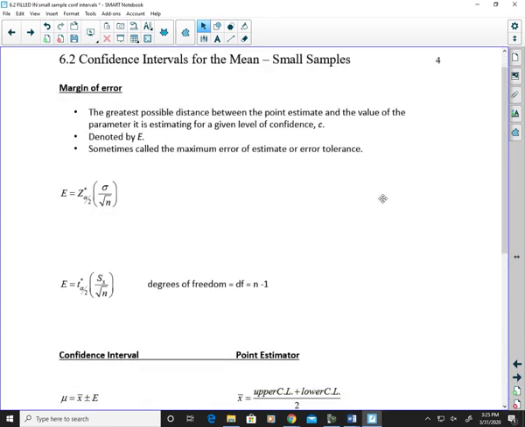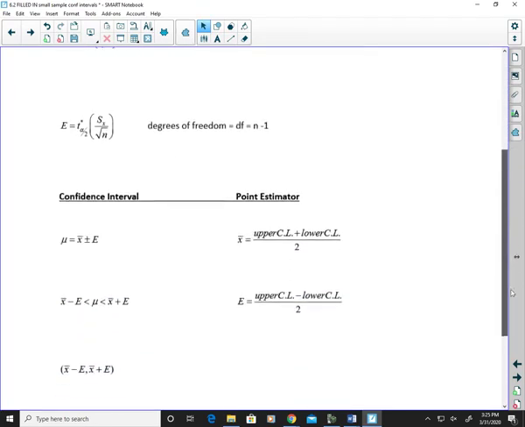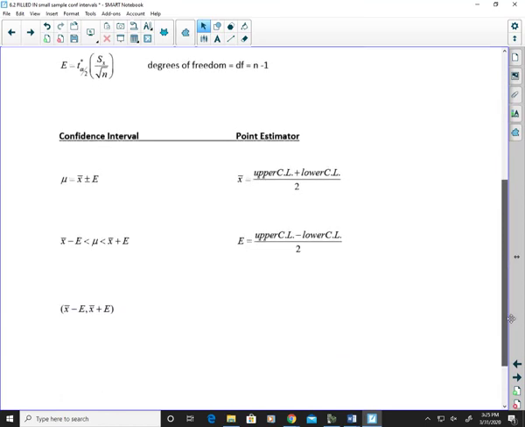So here's our margin of error. Notice how the margin of error formula looks pretty darn similar, whether you used a critical Z or a critical T. The difference is that in Z you had known standard deviation, in T you're using the sample standard deviation, and in T you needed the degrees of freedom to help you find that number for the critical T. And then our confidence intervals and our point estimators are calculated the exact same way as we saw in the last unit.